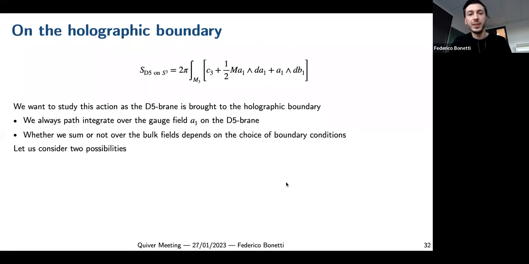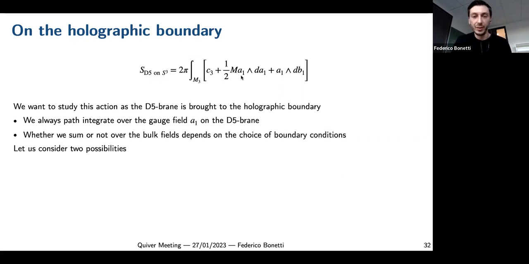And now we can repeat a similar analysis. So we have this object that lives at some value of the radial coordinate, and we would like to understand essentially what happens when it gets closer and closer to the boundary. Now, in terms of A1, that is the dynamical gauge field on the brane. We cannot choose what to do with it.